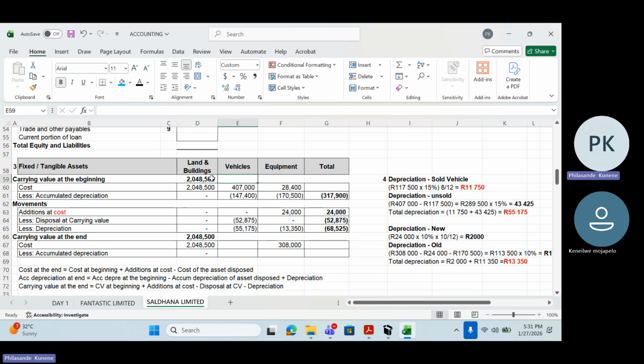Okay, so now I can get the carrying value for vehicles and for the equipment.